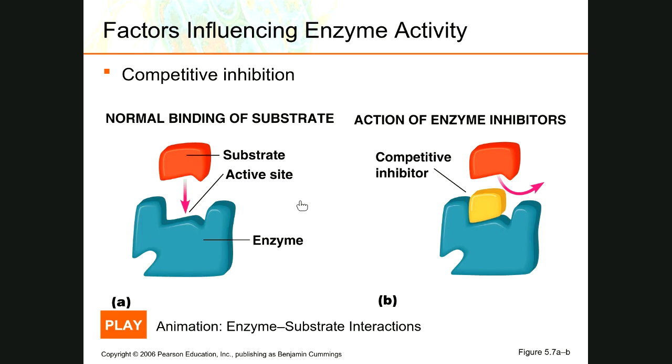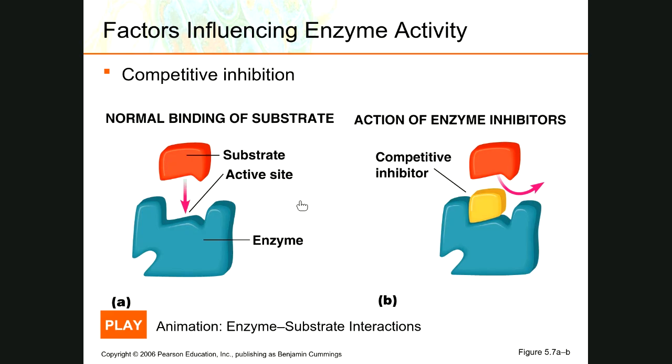So you find that pathway, and then you find a chemical that resembles the substrate that you can use to block the active site and keep the substrate from binding. You just have to use enough of that chemical for a long enough period of time that it will block the active site and keep those bacteria from making that critical product, and then they die. That's how certain antibiotics work.